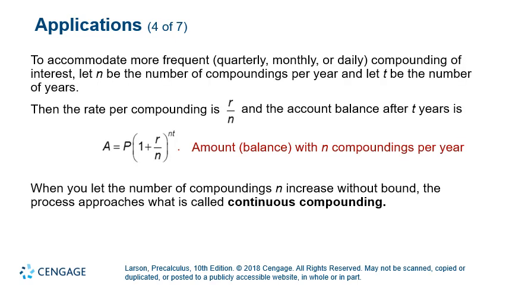So we have something raised to the nt. There's your exponential. And what happens here, the r over n is your rate divided by the amount of times per year that's happening. Now, if you have continuous compounding, then we're not going to use exactly this formula.